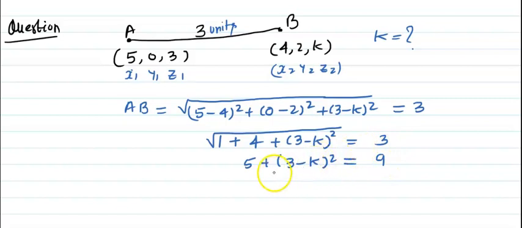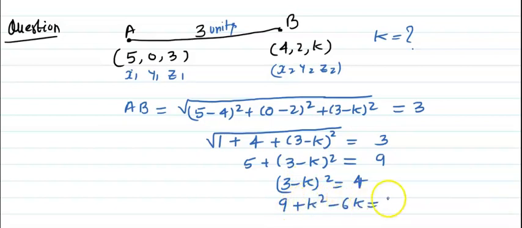Okay, now subtracting 5 from both sides, 3 minus k whole square should be 4. And once we simplify it, 3 square will be 9. I'm expanding this, 3 minus k times 3 minus k, it should be k square, and should be minus 6k, equal to 4. So 9 plus k square minus 6k equal to 4.